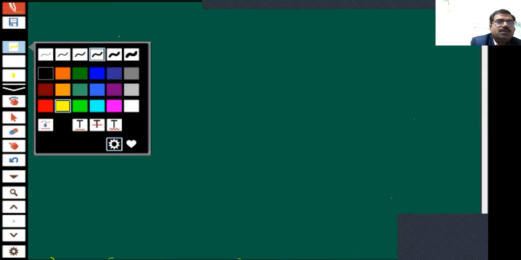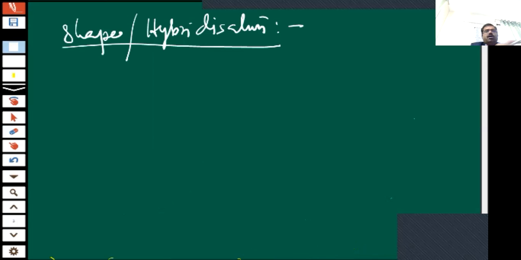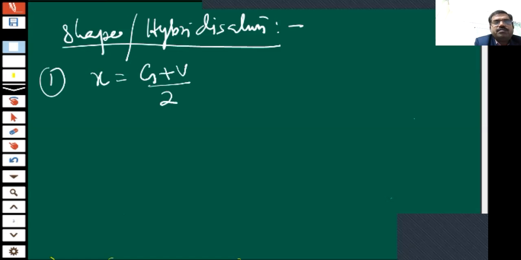Let us see shape and hybridization. We will do the calculation part using the formula X equals G plus V divided by 2.